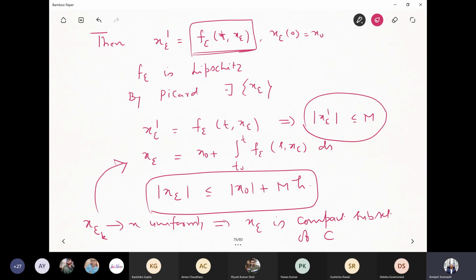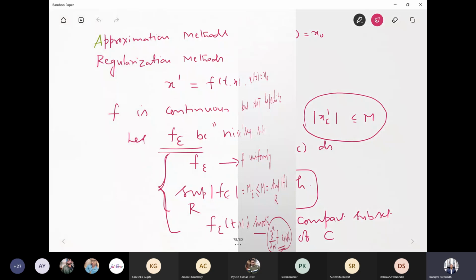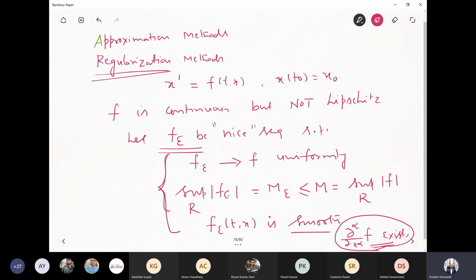Then see that these solutions converge in an appropriate topology or appropriate norm, so that we can pass to the limit in the final equation. So this is the whole idea. That is why it is called the approximation technique, or also the regularization technique. What we are doing is regularizing this f by f epsilon.